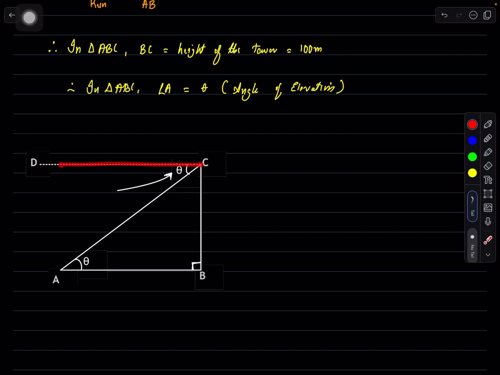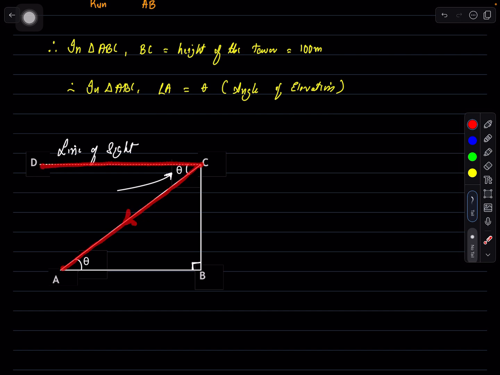CD is the horizontal, which is the line of sight. If C is the point of observation and we are trying to look at point A, which is below point C, we would be looking along this direction.